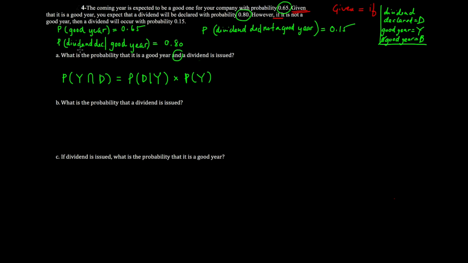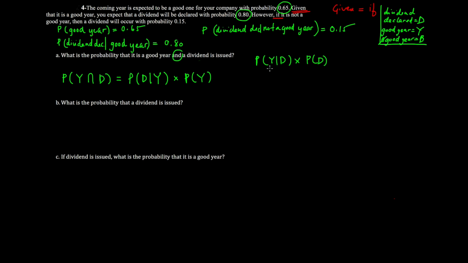So we have here D given Y, and the way we can isolate for the and is by multiplying by the condition, which is the Y here, right? Now remember the and, whether it's Y and D or D and Y, it's the same thing, right? And the and can be obtained in two ways. We could have either done this right here, or we could have done this right here, right? Same thing. We agree? To isolate for the and, it would be the same thing.